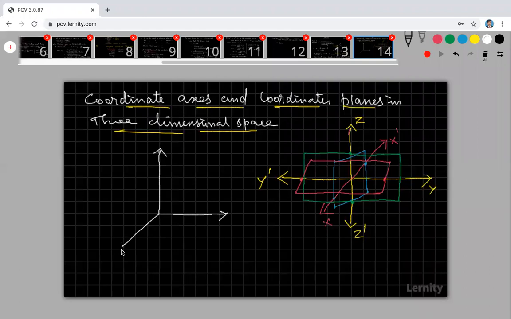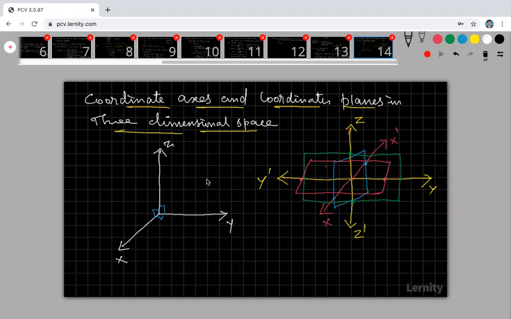Dear students, please note down, all are perpendicular. My three axes are perpendicular. One is perpendicular to other. That means mutually perpendicular. Z is perpendicular to both x and y, y is perpendicular to both x and z, x is perpendicular to both y and z.